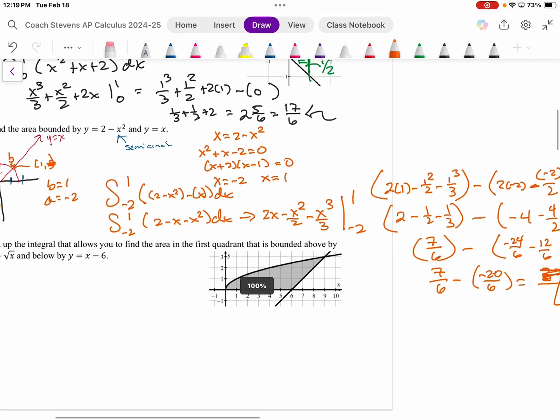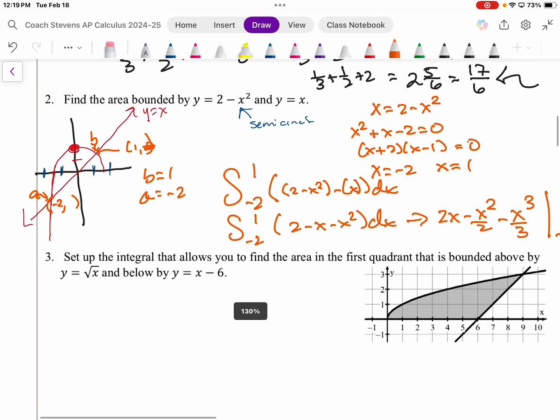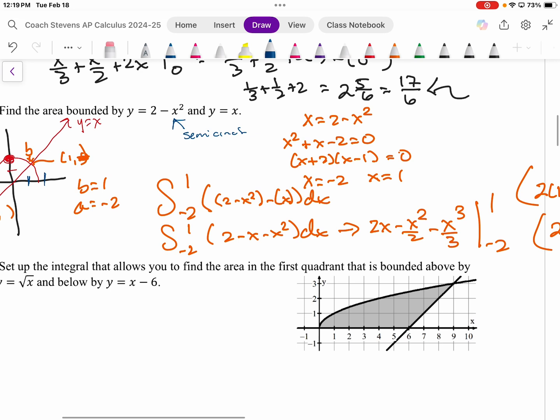Now, how do we know which equation is on top if we don't graph it? Yeah, guess and check. We know we still have to do this other part, solving for where they intersect. So now what you do is just pick a number in between my lower and upper bound and check it. Whoever has the greater answer is on top.